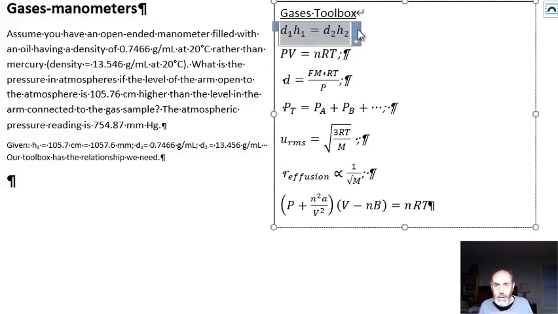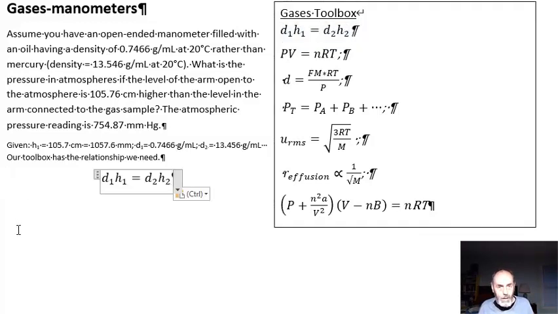So we're going to go to our top relationship that deals with manometers and put that down here. And notice we have to maybe rearrange that a little bit, because we know the first three terms: density and height of the oil, and density of the mercury. What we want to know is H2. So let's copy that, and we'll rearrange a little bit.